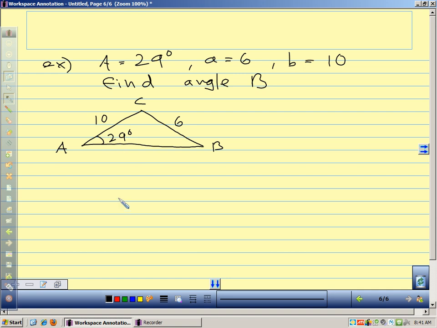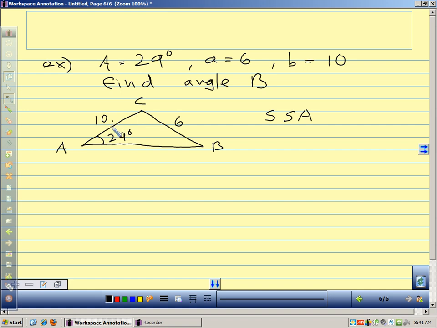This side is 10. And we have a side-side angle combination, so we have to be careful because we could have different possibilities for our triangle. So this is like the last one in that side A is less than side B.